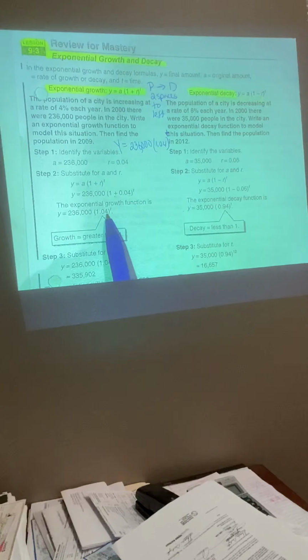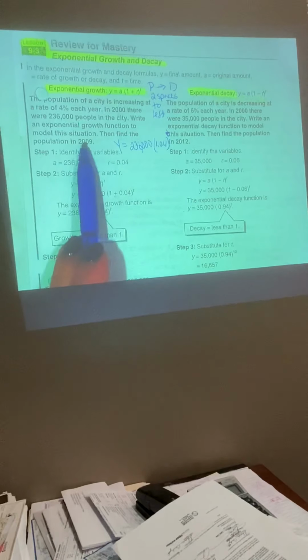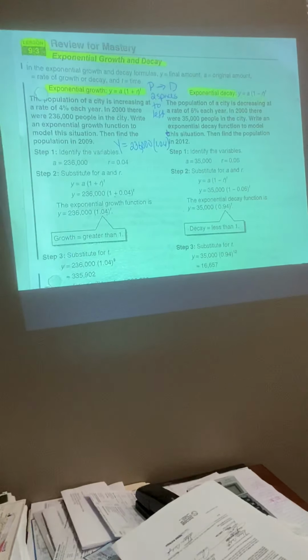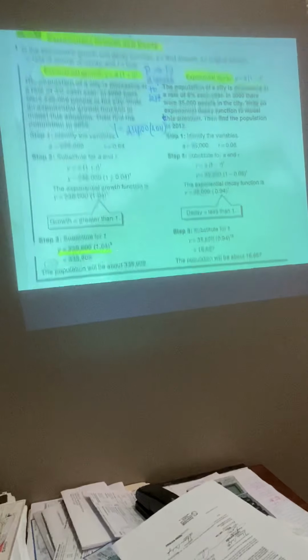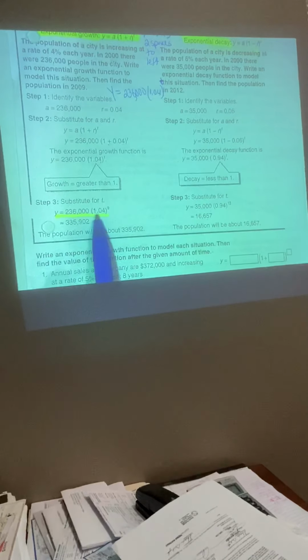Now it asks for what's the population in 2009. Well, it's starting in 2000 to 2009, so now we're plugging in the 9. So here's your work. 236,000 times 1.04 to the 9.